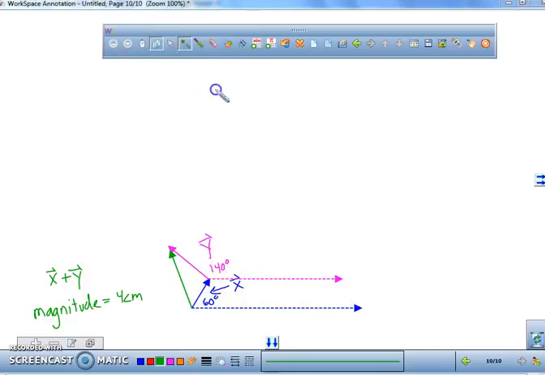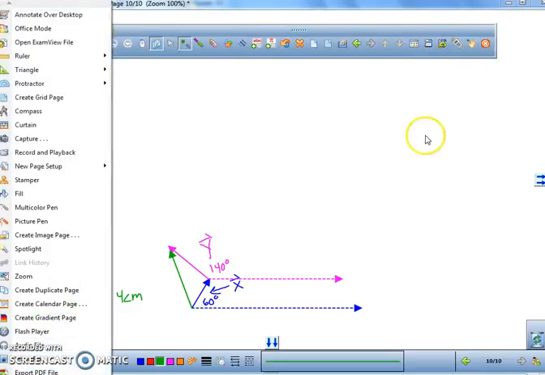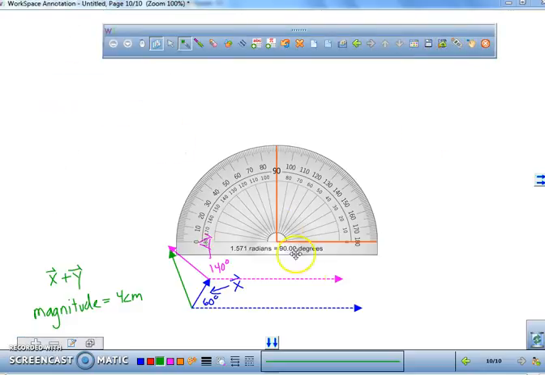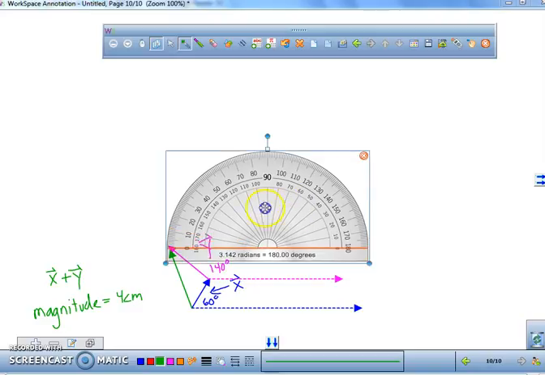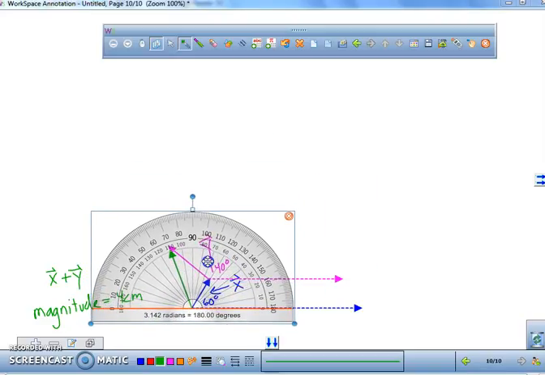Now, the last thing we're going to do is find the direction. Here's how you find the direction. From the original starting position. Everybody see where the original starting position is? Right there.